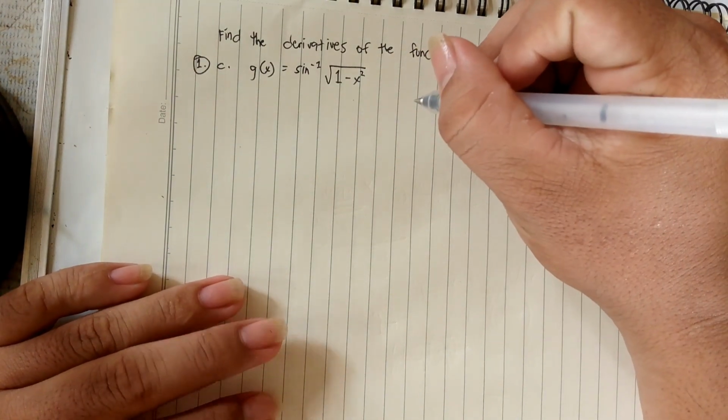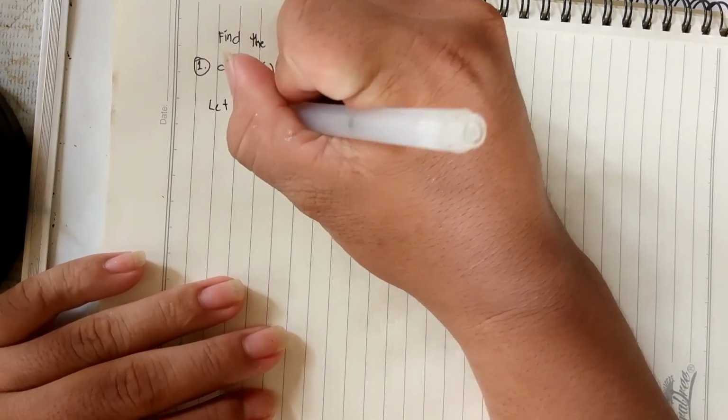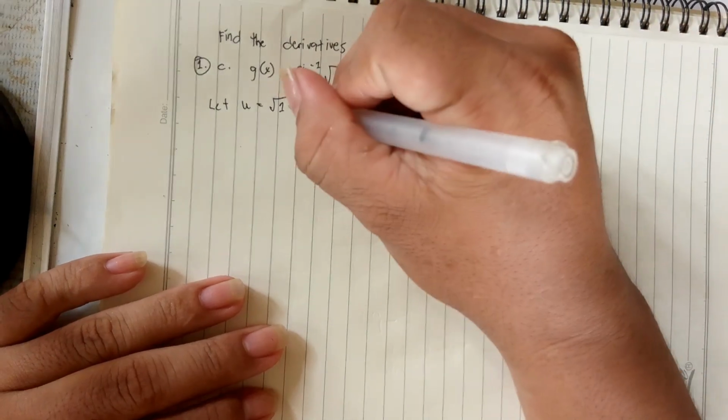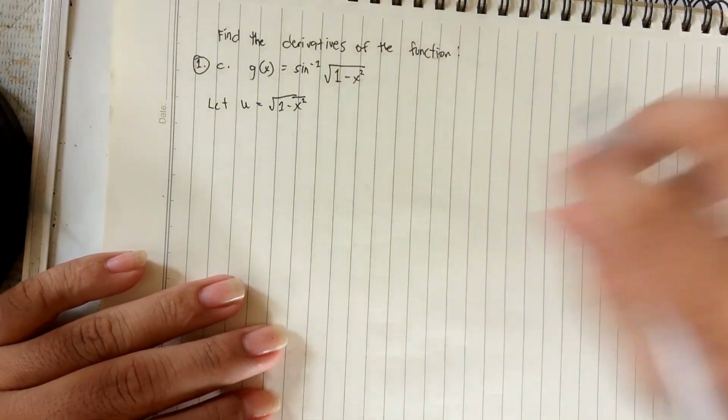First, we are going to let u is equal to square root of 1 minus x squared. So that is our u.